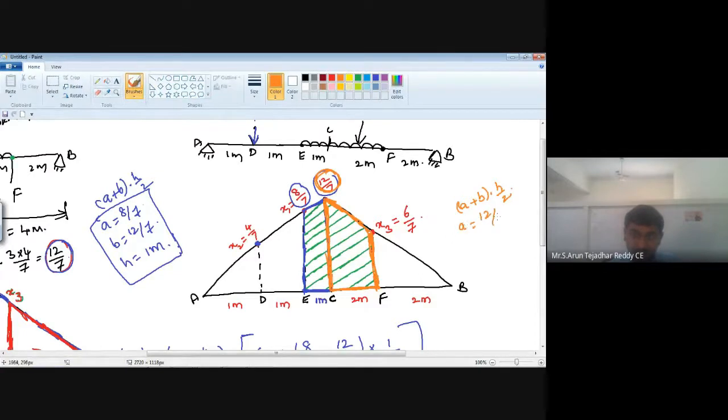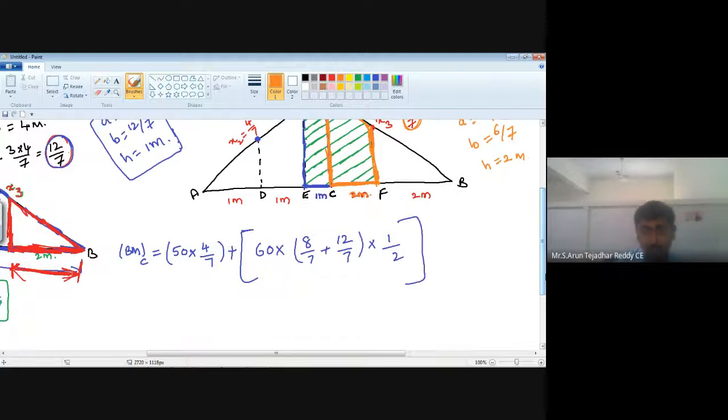Next B is 6 by 7. Now, what about H? H, you can observe this brick color. C to F is 2 meter. H is 2 meter.